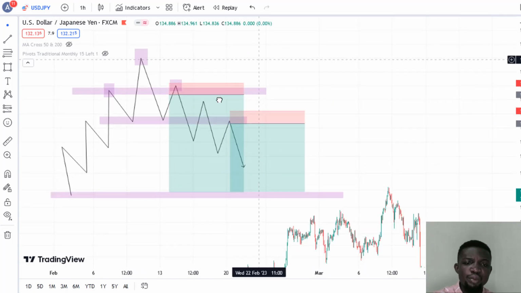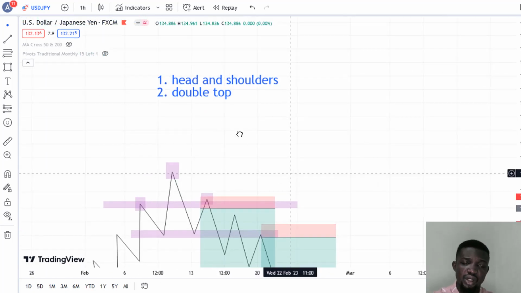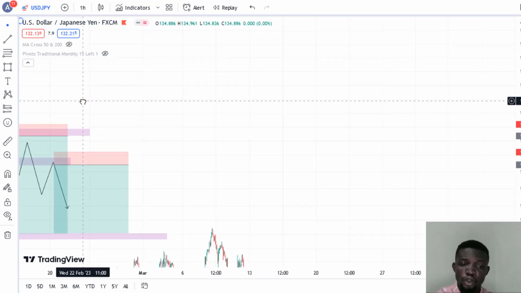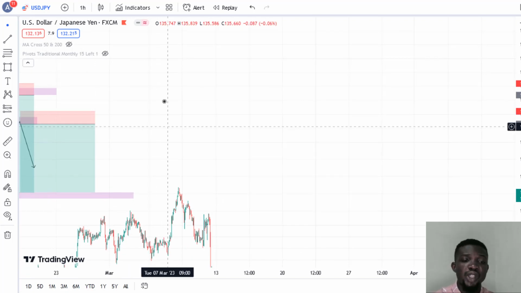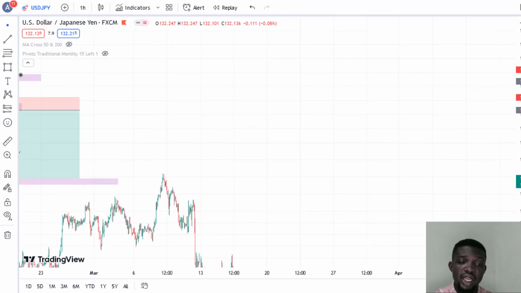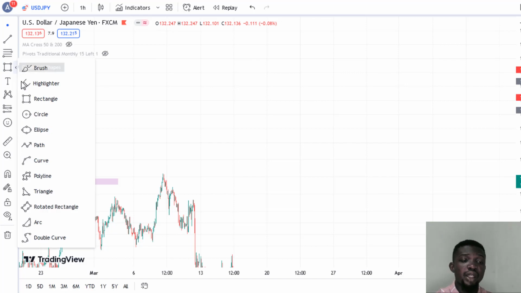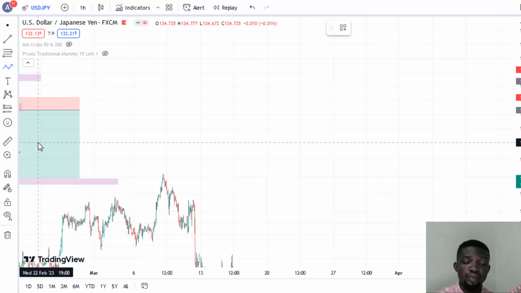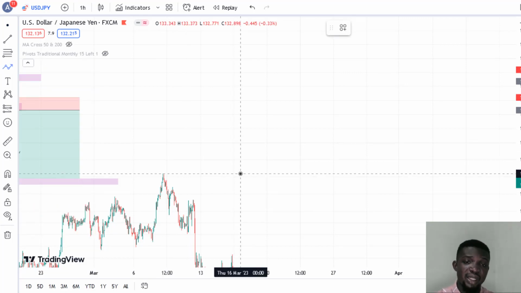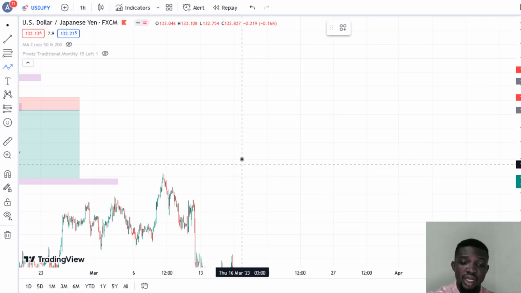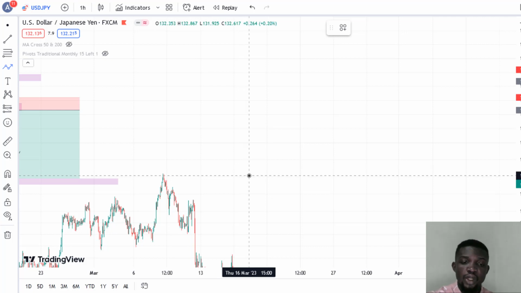So let's move to the second one, which is the double top pattern. The double top pattern is a bit similar to the head and shoulder pattern. Why? Because it also involves a change in the market structure, a change in the market character from an uptrend market to a downtrend market. But we have a different pattern that we're going to identify here.